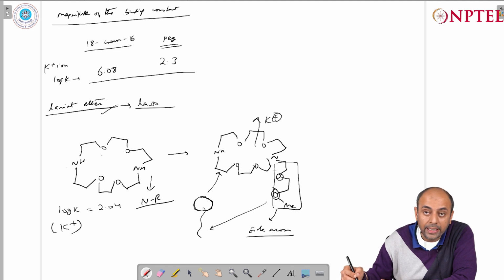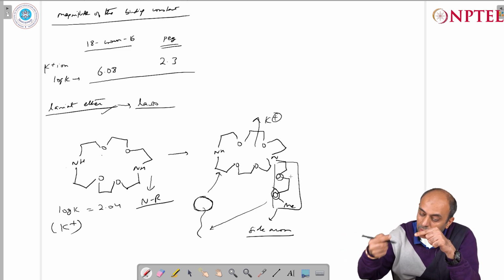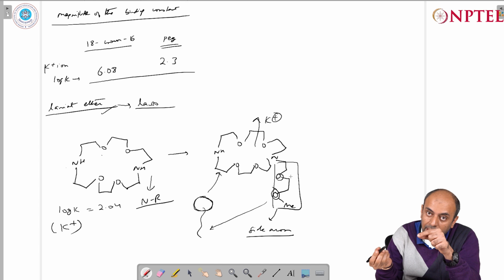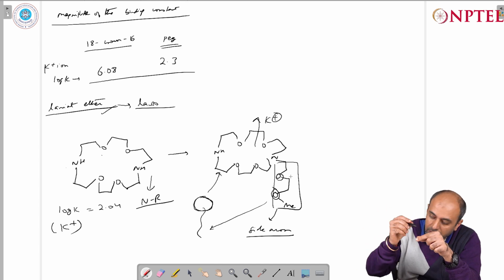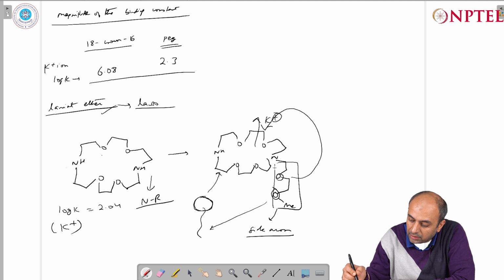Now when you add a potassium cation, this side arm will change its conformation. If the side arm is flexible, it is moving around. The moment you add the potassium cation, the side arm changes its conformation, folds itself, and stabilizes the potassium ion by additional binding provided by these 2 donor atoms.